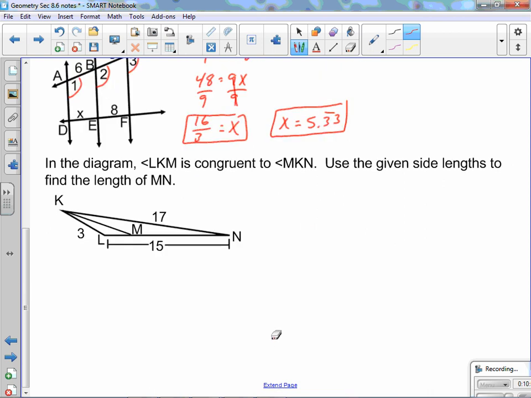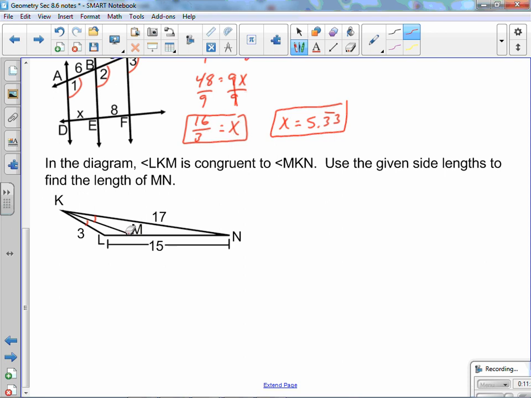And then the last example, in the diagram, angle LKM is congruent to angle MKN. So this angle is congruent to that angle. And so since those two angles are congruent, that means that KM must be a bisector, right?